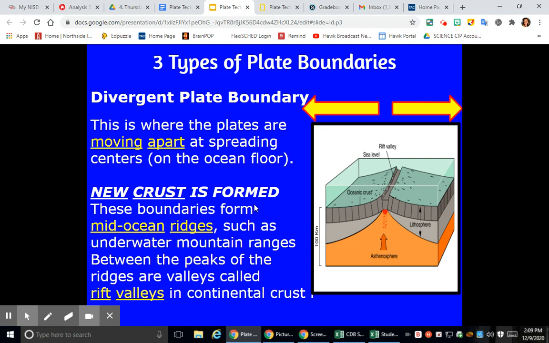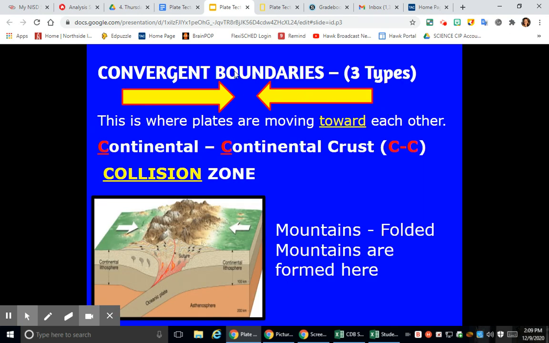Between the peaks of the ridges are valleys called rift valleys on continental crust. Okay, so on the ocean floor you have divergent boundary, magma comes up and new crust is formed. Where we have a continental plate diverging, you have a big crack in the continent, and that is called a rift valley.